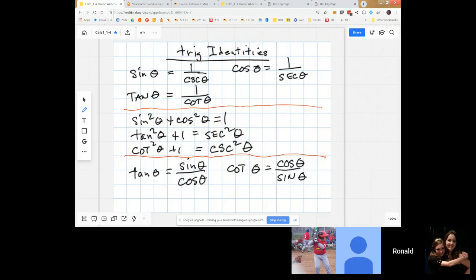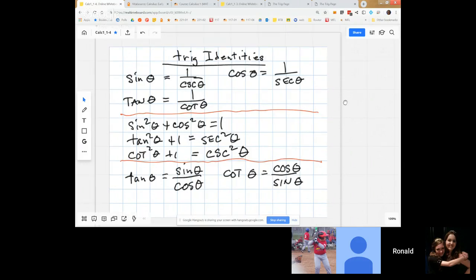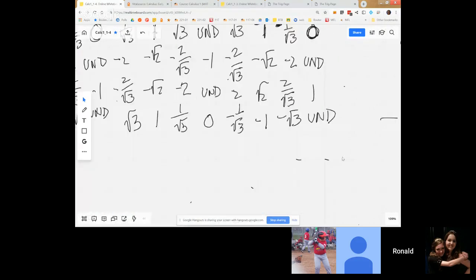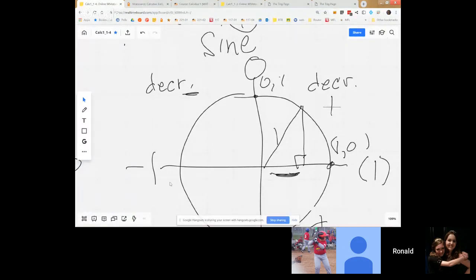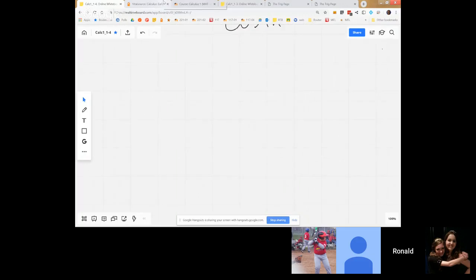So let me explain. The Pythagorean identities, besides just having them memorized, if we go back to the behavior charts here, let's make our own. Again, we've got a situation that goes like this with a unit circle.